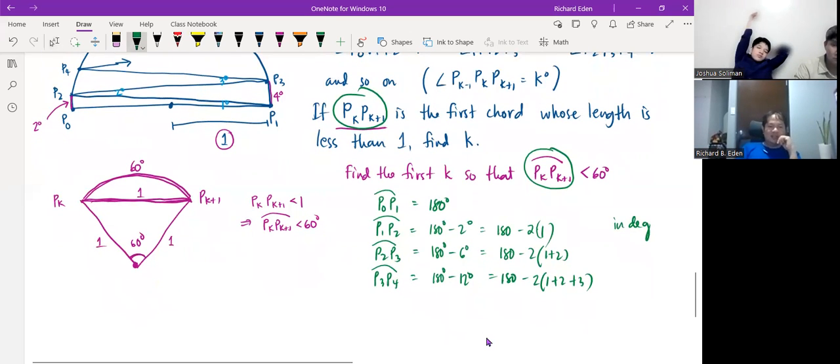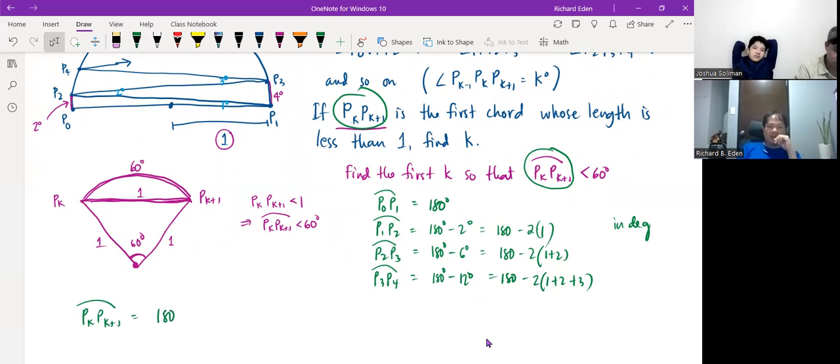Okay. So in general, for P sub k plus 1, this arc will be of degree measure 180 minus twice 1 plus 2 plus 3 until, what's the last term? Is it k minus 1? Is it k, or is it k plus 1?